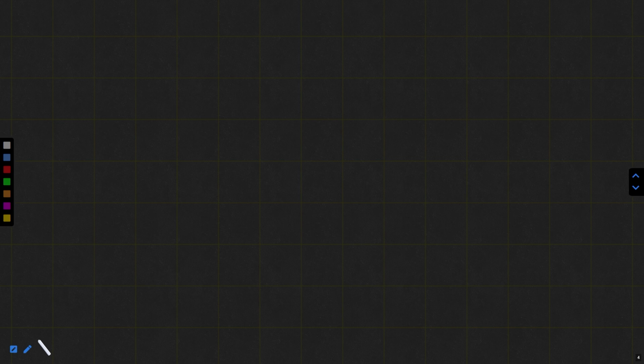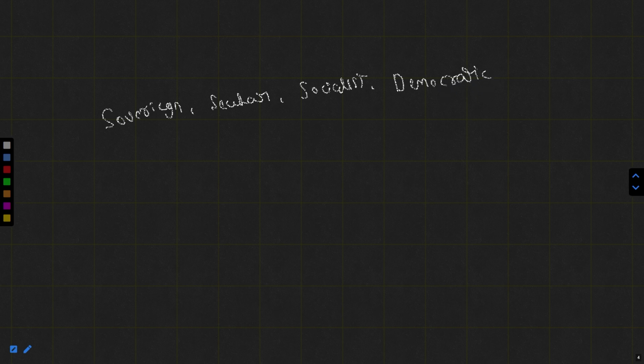If we see the preamble, it has: sovereign, secular, socialist, democratic, republic.